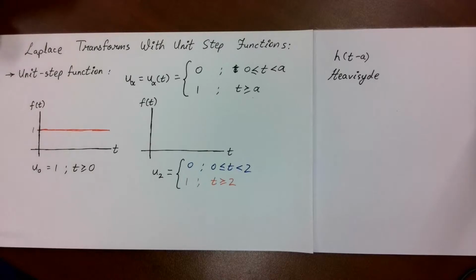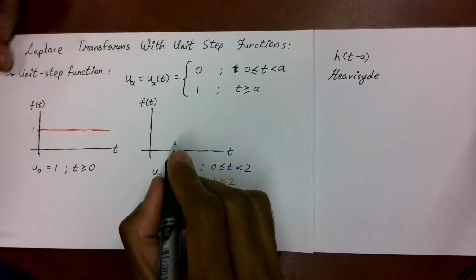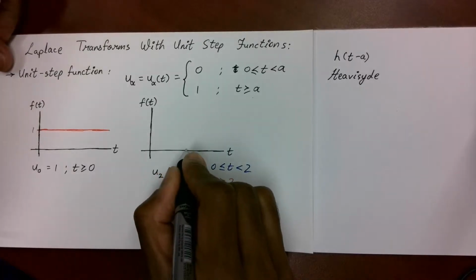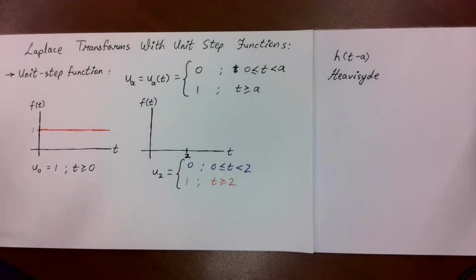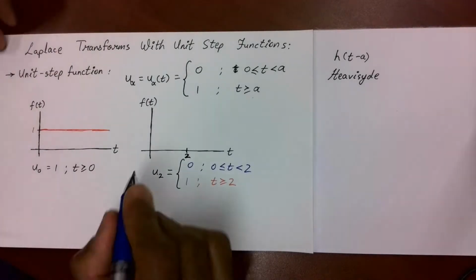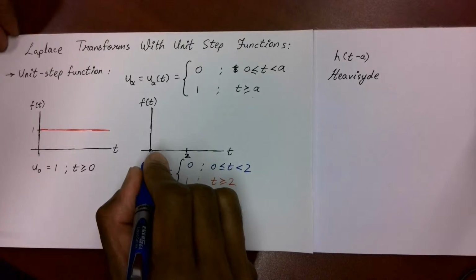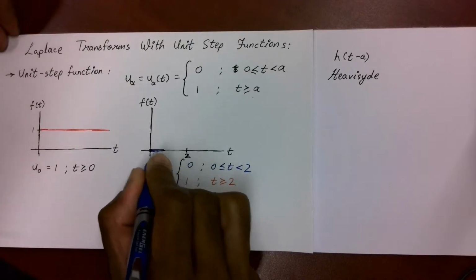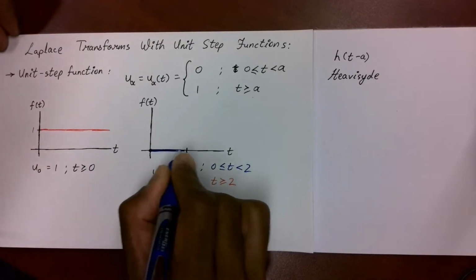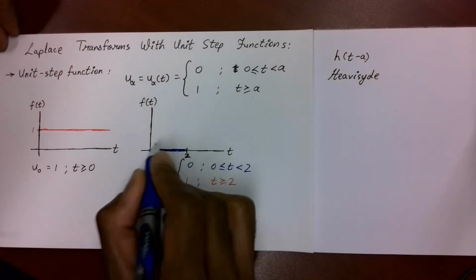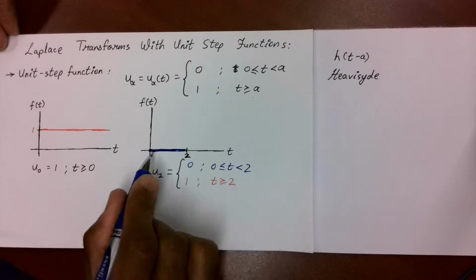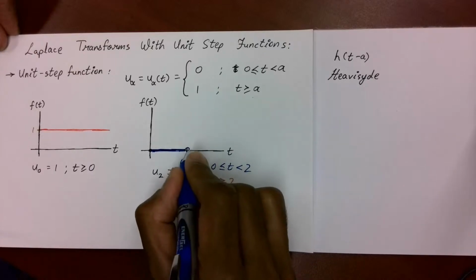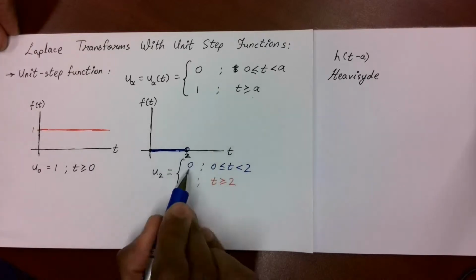And so if I graph this function, let's suppose that here is 2 on the t-axis. From 0 to 2, the function is 0, so it is this blue horizontal line that I have drawn. Now at 2, the blue line will have an open circle because 2 is not included in the domain of 0.